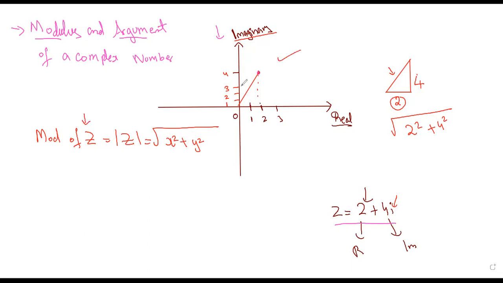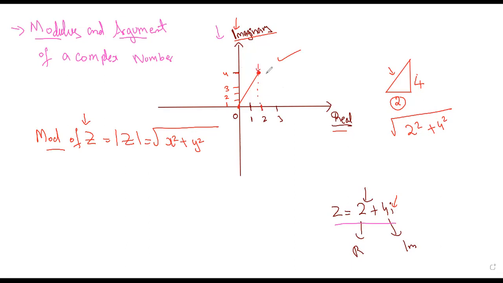Because if we talk about the graph of complex numbers, we have imaginary part on y-axis, and real part on x-axis. And again, if this is 2 plus 4 iota, so this is 2 and this is 4, and when we talk about mod of z, it basically is the distance from origin to this point, right?